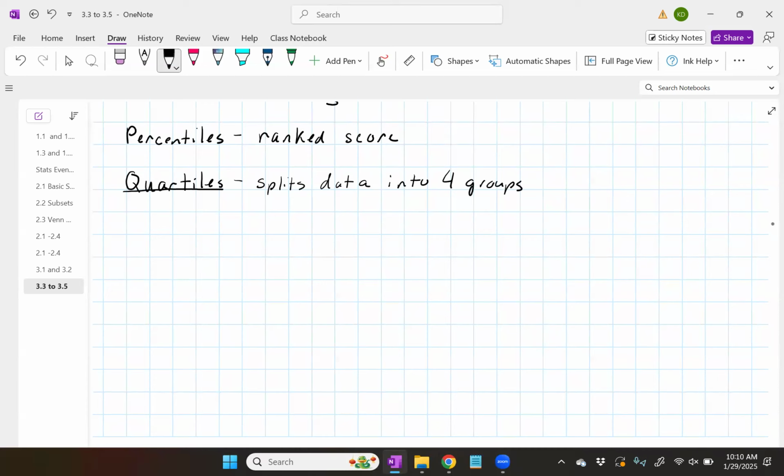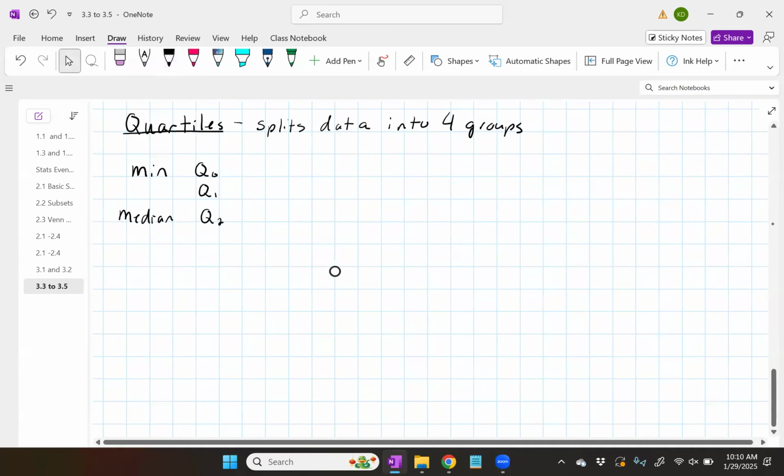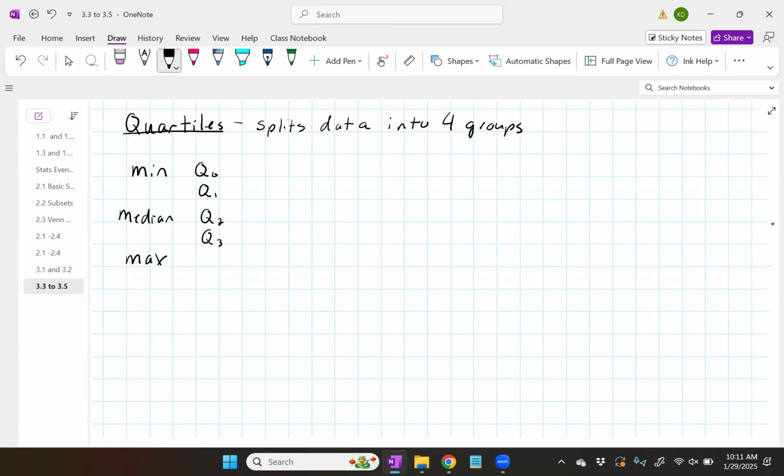That seems kind of funny to me, but we have our min, which is our Q sub 0, I'm going to call it. We have Q1, which we'll talk about in a sec. Our median is our Q2. Q3 is, again, we'll come back to that in a sec. And our max is our Q4. These 2 are important. I just don't have good names for them at the moment.